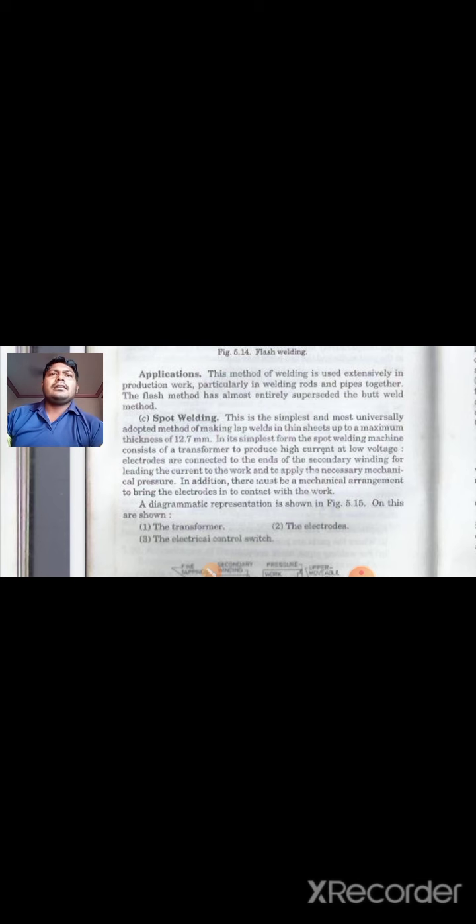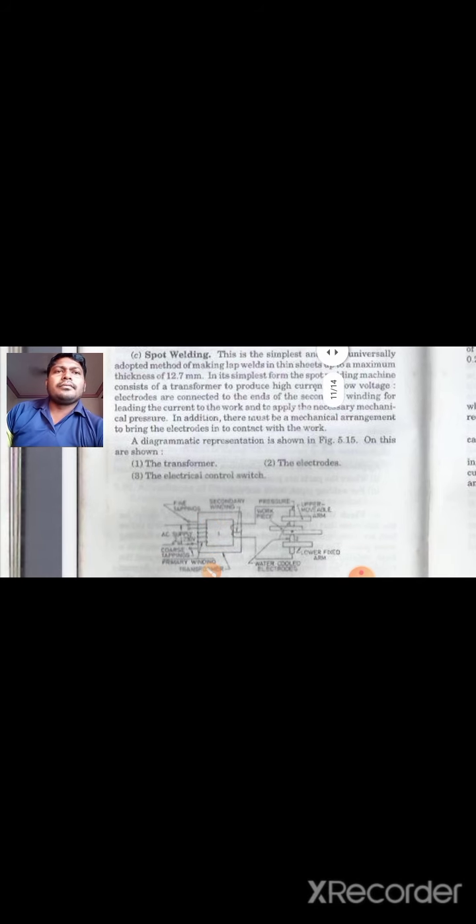So there is a diagram also given for spot welding. It consists of a transformer, the electrodes, and the electrical control switch.